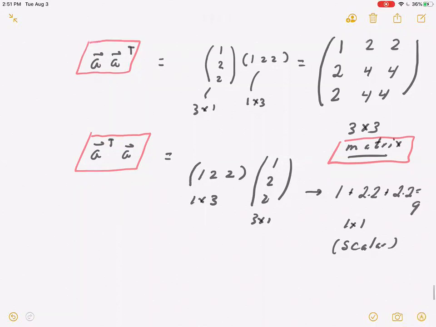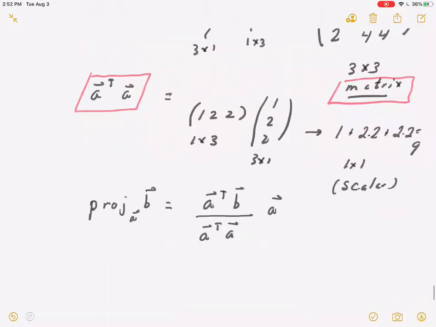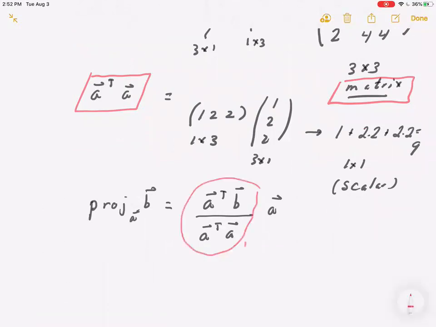So let's go back to our original expression. The projection of B onto A, we showed rigorously, was in fact this expression. This is what we got. Where this thing is a scalar.